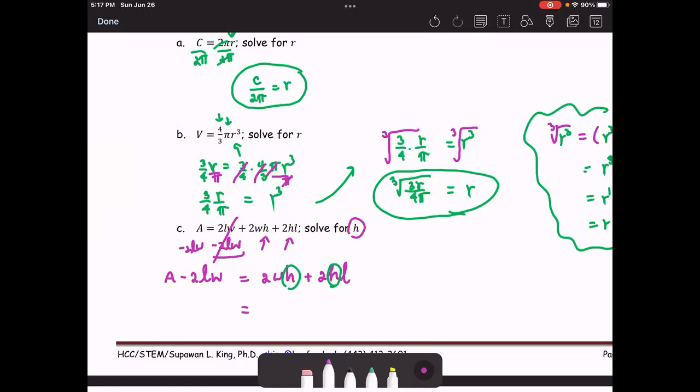That means we have the H, and then the remaining factor would be 2W plus 2 times L. The left-hand side is A minus 2 times L times W. To solve for H, we're going to divide both sides by the factor 2W plus 2L.